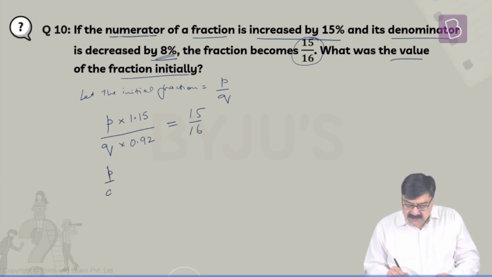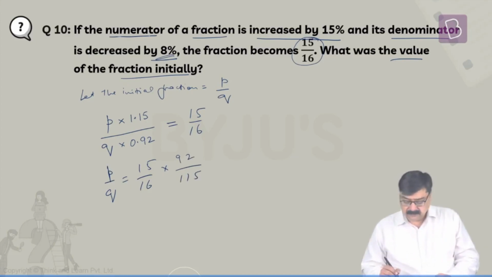So simple calculation we will do here, 15 by 16 into 92 by 115. Right, we are just cancelling these decimals here. So let us cancel the numerators and the denominators here. So 5 3s are 15, 5 23s are 115. 23 into 4 is 92. 4 into 4 is 16.